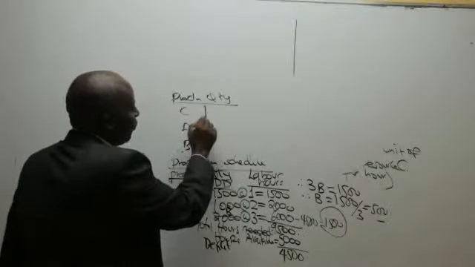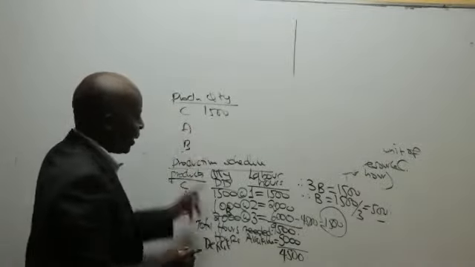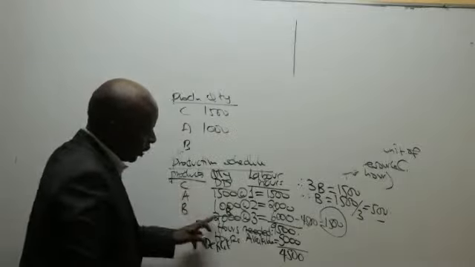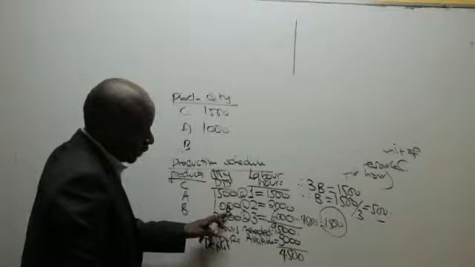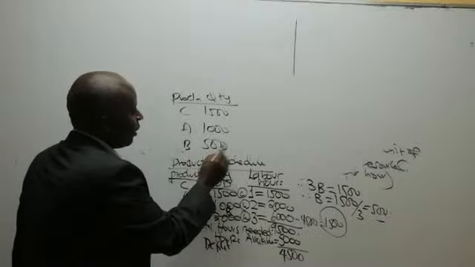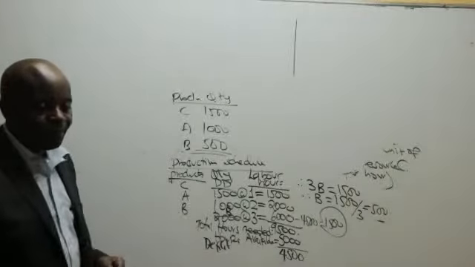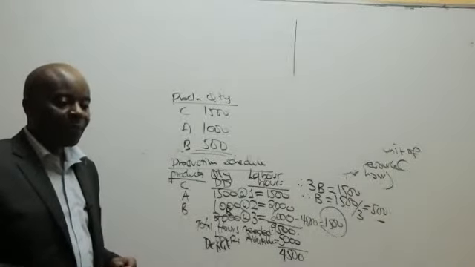For A, I'm not interfering, it's 1,000 units. For B, now we have to produce the new quantity, which is 500.